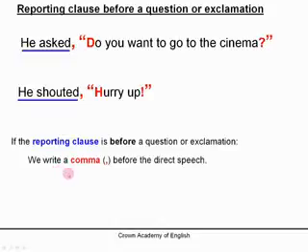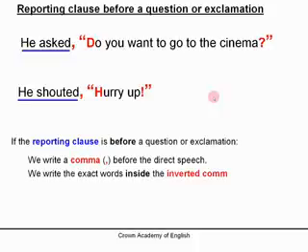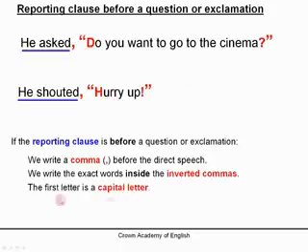Okay, nothing changes here. We write a comma before the direct speech, here and here. Again, we write the exact words inside the inverted commas. So the inverted commas are here and here. These are the exact words. And the first letter, again, is a capital letter.